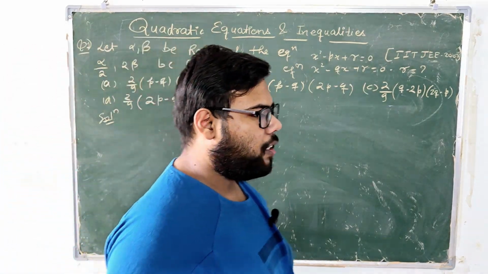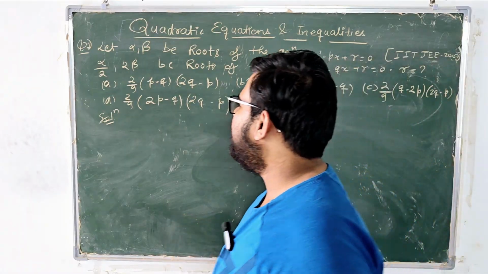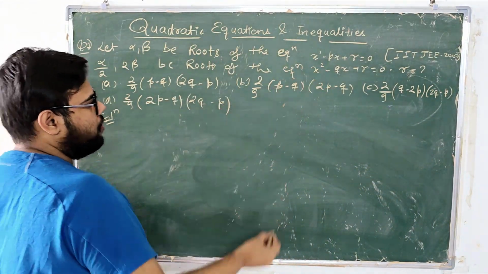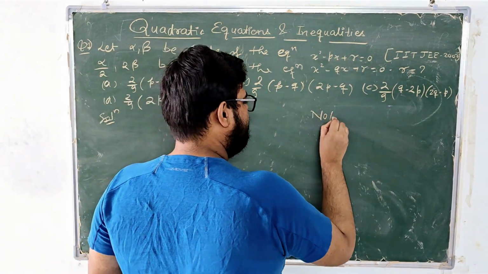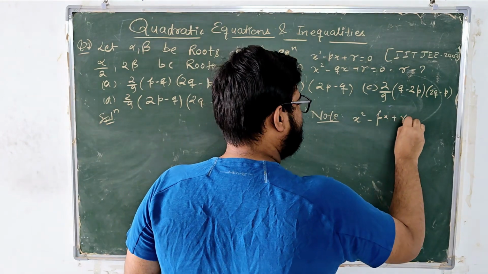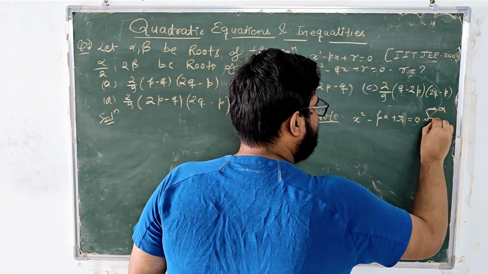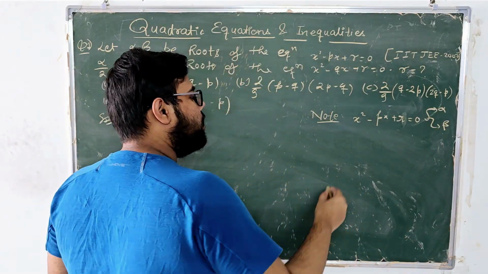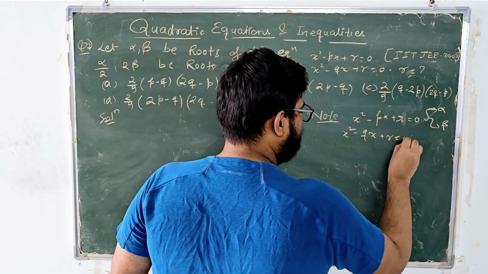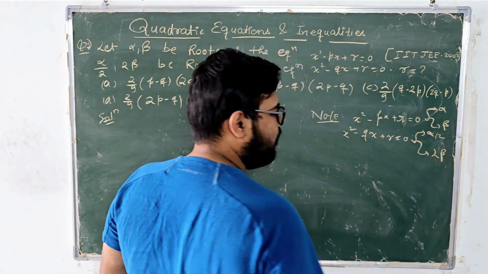It seems to be a difficult question, but it's actually very easy, because you have to just notice one thing over here: this equation has roots alpha and beta, right? Sorry, this is r, not gamma. And the second equation has roots alpha by 2 and 2 beta, correct?